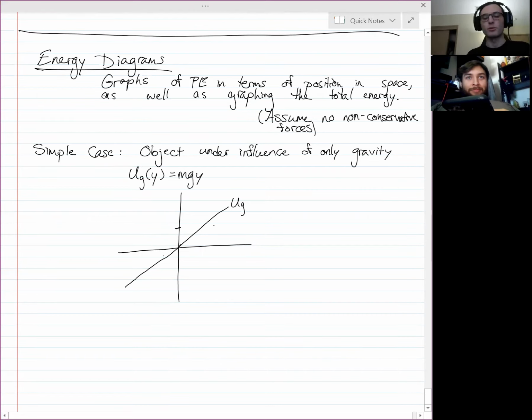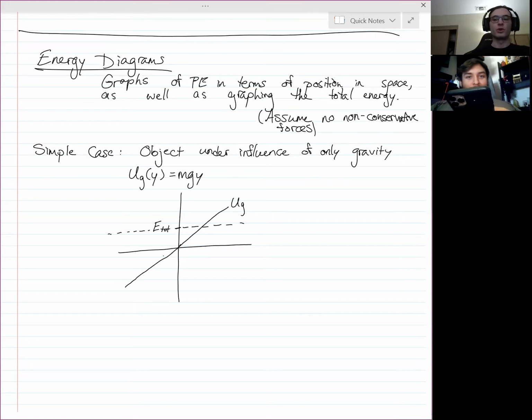Let's say that E total is this high on the graph. We'll draw a dotted line from that point everywhere, because the total energy shouldn't change with position. Even though the potential energy might change with position, the total energy will stay the same. It'll just exchange potential energy with kinetic energy.